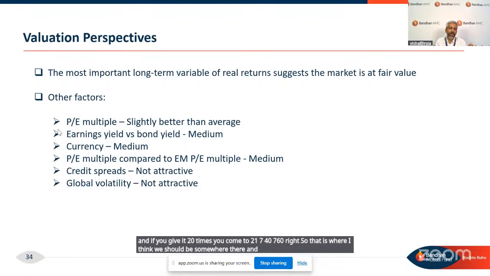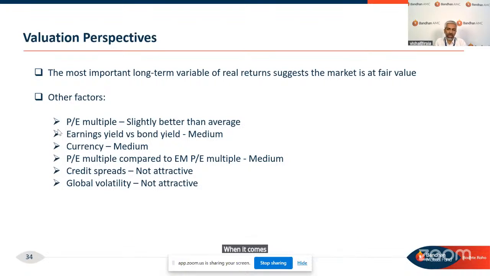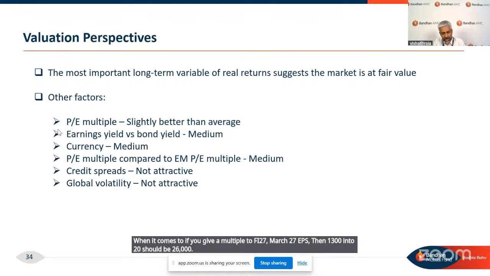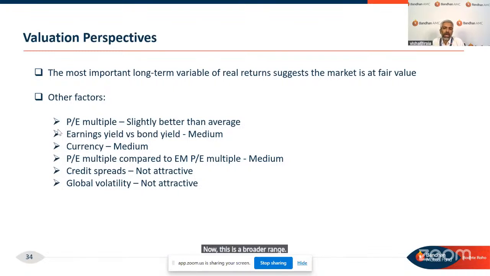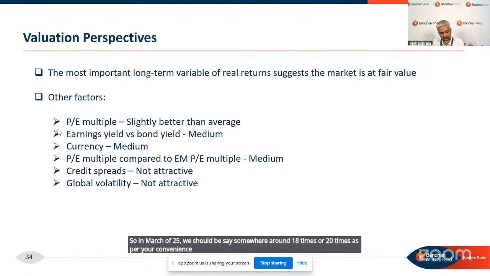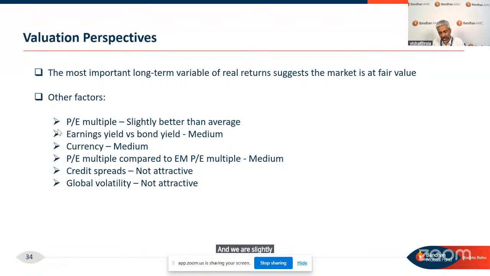And when it comes to FY27, March 27 EPS, then 1300 into 20 should be 26,000. Now, this is a broader range. The point here is that multiples are one year forward. So in March of 25, we should be, say, somewhere around 18 times or 20 times, as per your convenience, on March 26 EPS, and we are slightly higher than where we should be.